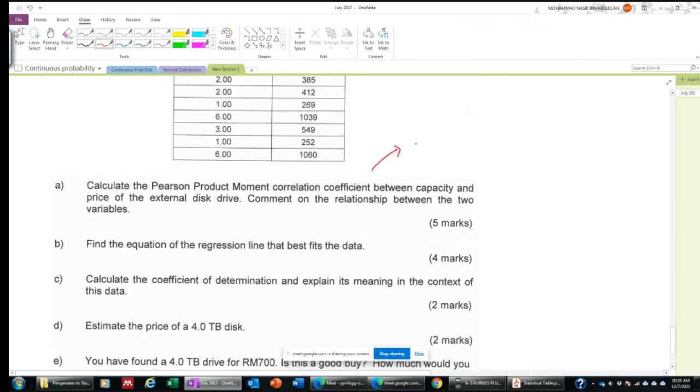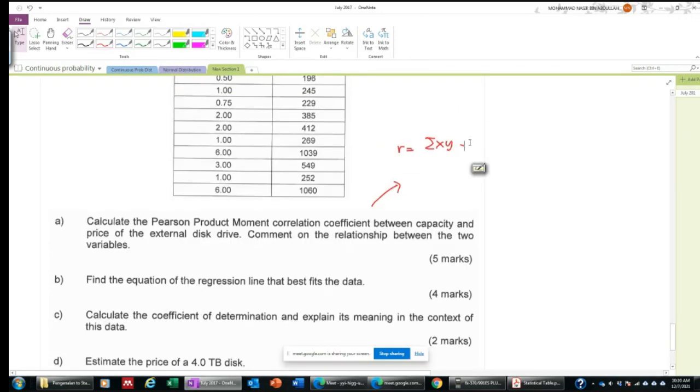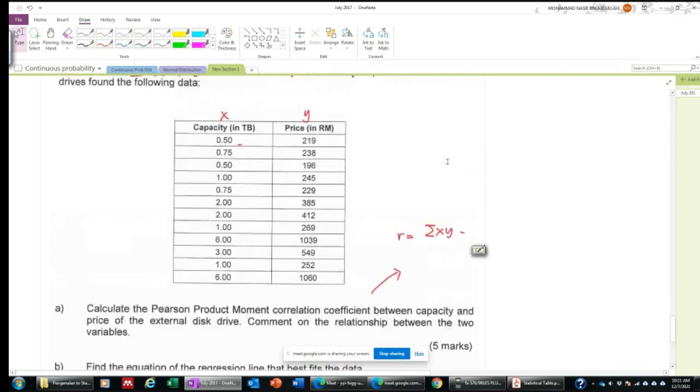To find the correlation coefficient by using the Pearson product moment correlation, r is equal to summation of xy minus. But before we proceed, I just want to emphasize, firstly you need to make sure your dependent variable and independent variable are correctly defined, right?